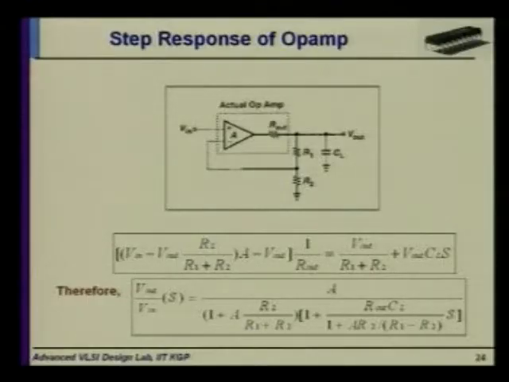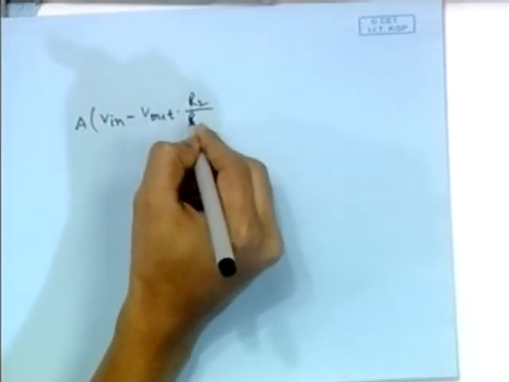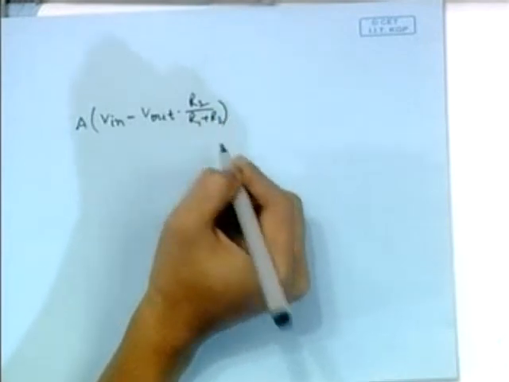So the node between R1 and R2 is the voltage divider. The voltage at the negative terminal is V out into R2 divided by R1 plus R2. So the voltage difference is V in minus V out into R2 divided by R1 plus R2.